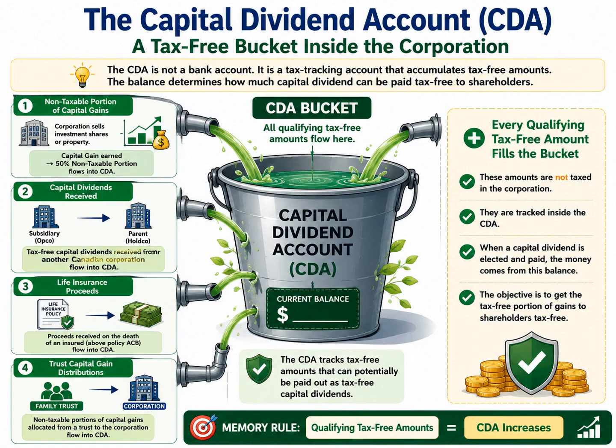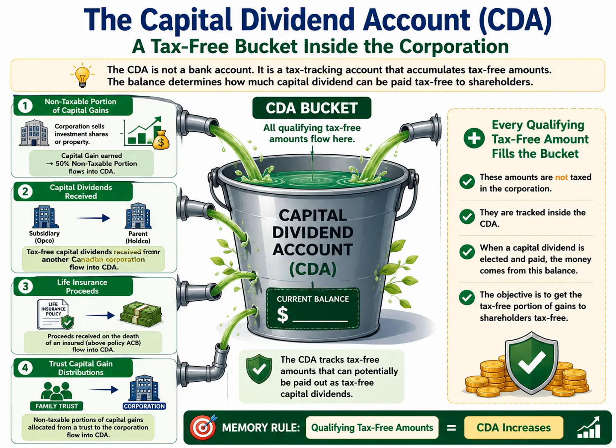Now that we understand why the Capital Dividend Account exists, let's learn how it is built. A simple way to think about the CDA is as a special tax-free bucket inside the corporation. It's important to understand that the CDA is not a bank account, and it does not hold actual cash.